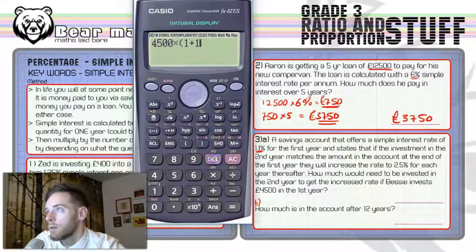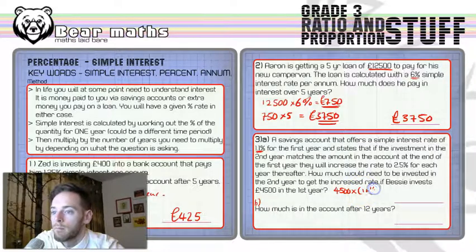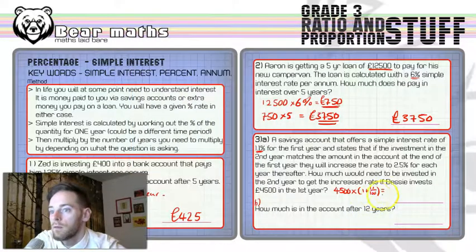Oh, I've got to press the fraction button first, haven't I? 1.1 over 100. That's not zeros, that's dots. And then that equals 4,549.50. I'll just write down what I did.